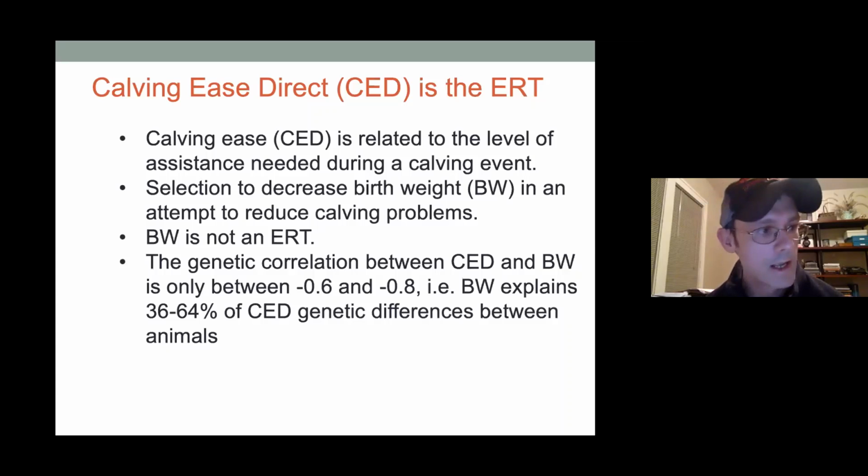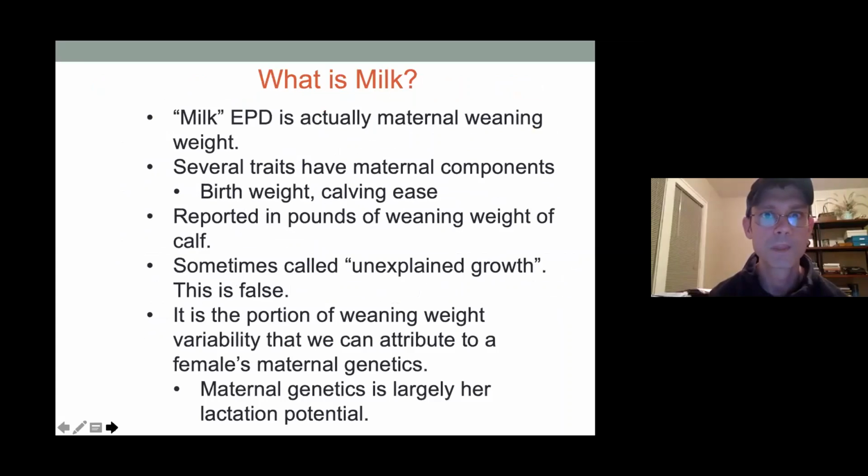And actually, in the calculation of calving ease EPDs, birth weight is actually included in that analysis. So if you're wanting to select to decrease calving problems, use calving ease EPD. Don't use birth weight EPD, and for heaven's sake, don't use the actual birth weight of the animal. You're likely to make mistakes if you do that.